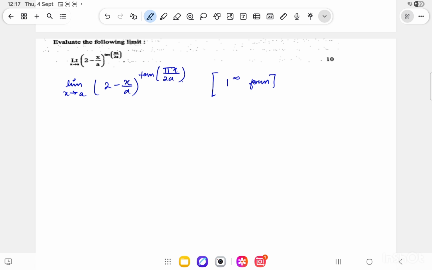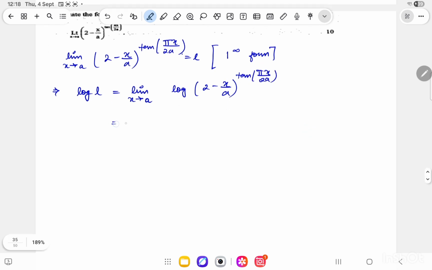Let's equate it with L, and if we take log, I'll be getting log L equal to limit x approaches a of log (2 minus x by a) raised to tan(pi x by 2a).